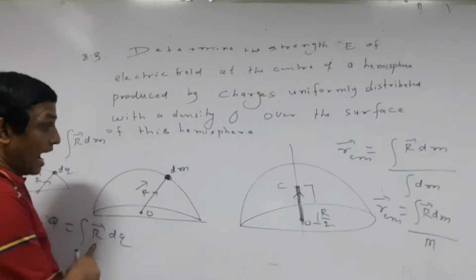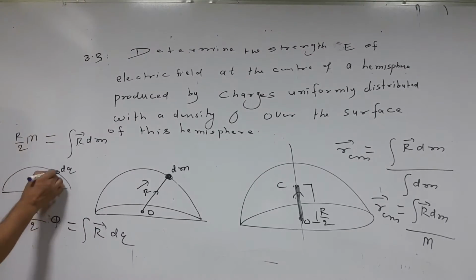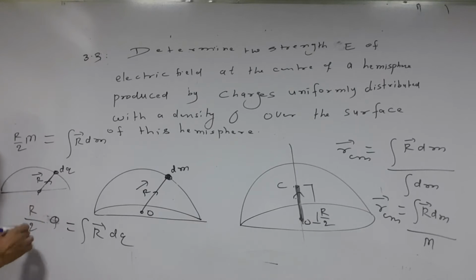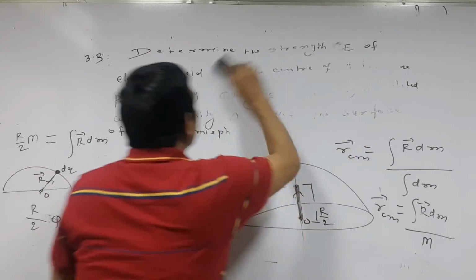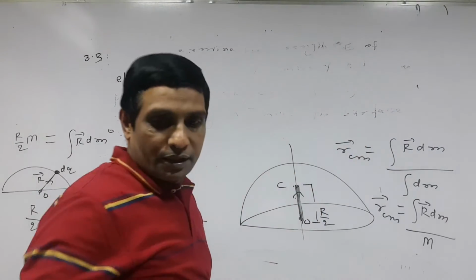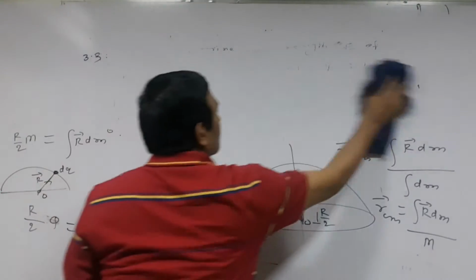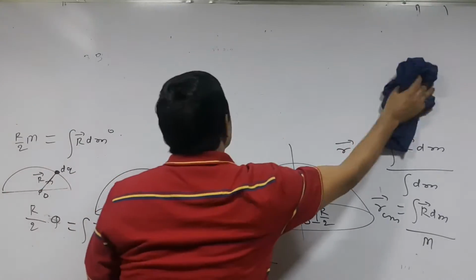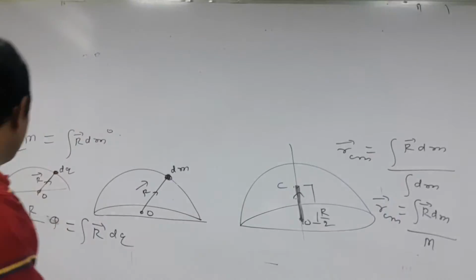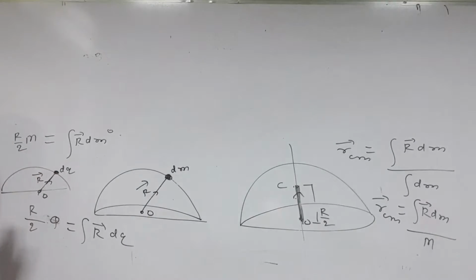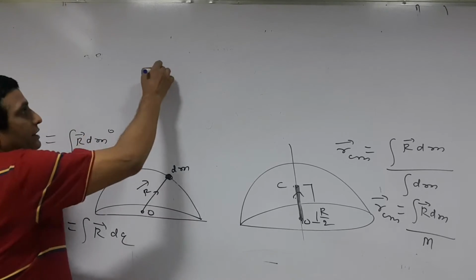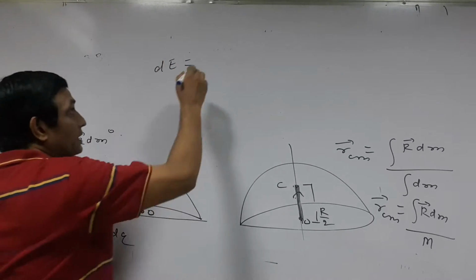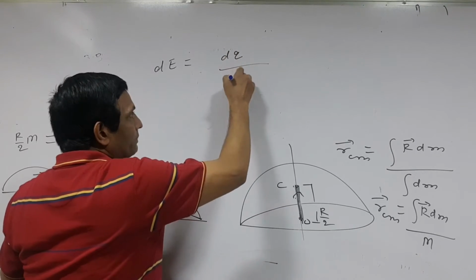Listen to me here, what is r dq? This is r. But if you consider the electric field due to this dq, then what happens? The electric field due to this considered charge element will be in this direction, and this dE will be dq by 4 pi epsilon naught r square.